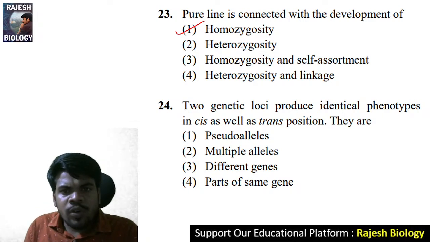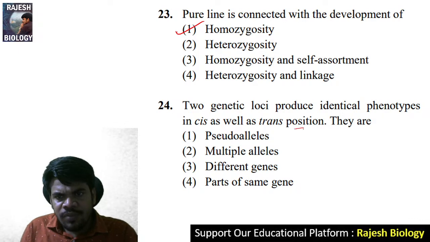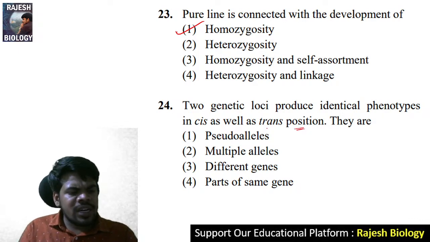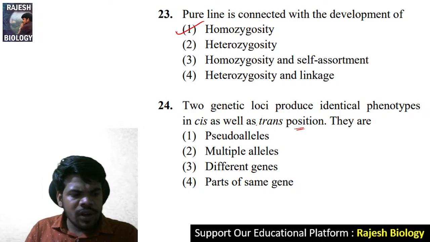Come to the 24th. Two genetic loci produce identical phenotypes in cis as well as in trans position. They are called. I think it is related to the lac operon concept. The students who prepared botany, the lac operon concept, can easily answer this.